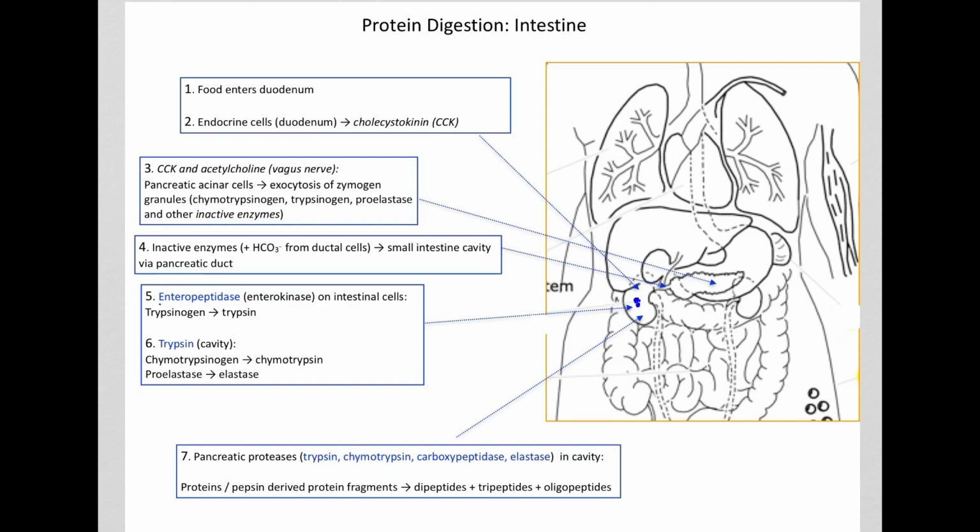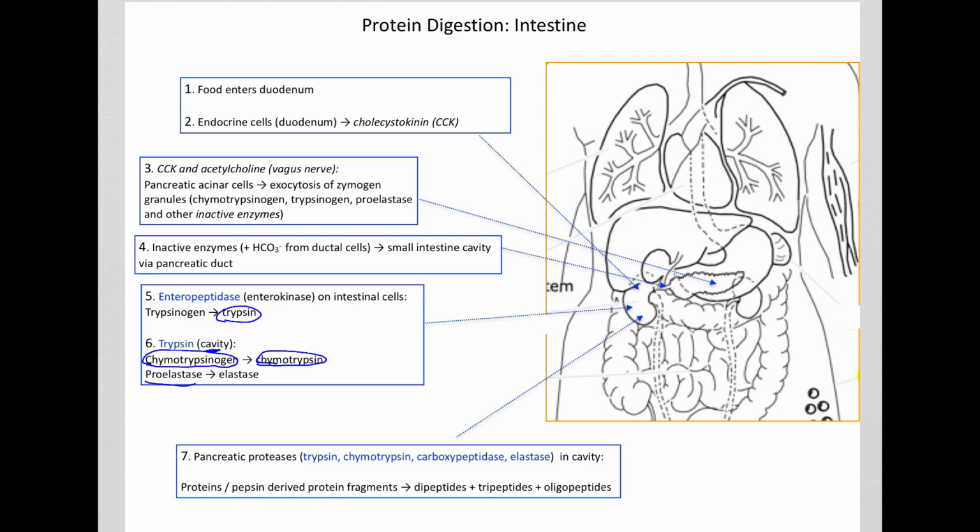Now there are enzymes on the intestinal cells. These enzymes are called enteropeptidase or enterokinase. And these enzymes basically convert the inactive form, trypsinogen, into the active enzyme trypsin. This active trypsin will now, in the cavity, convert the inactive chymotrypsinogen into enzymatically active chymotrypsin.